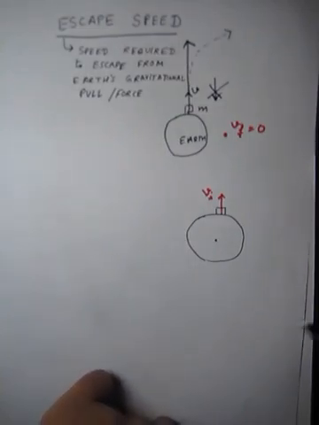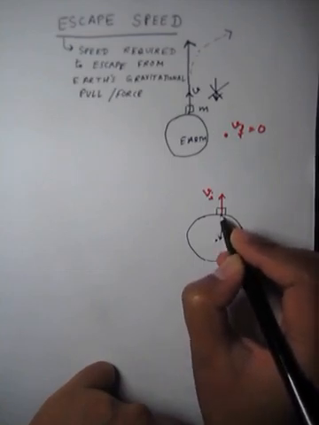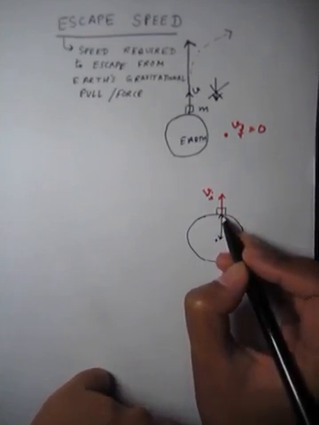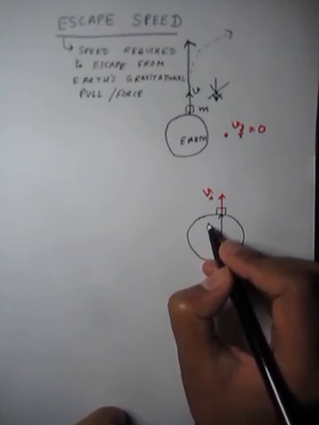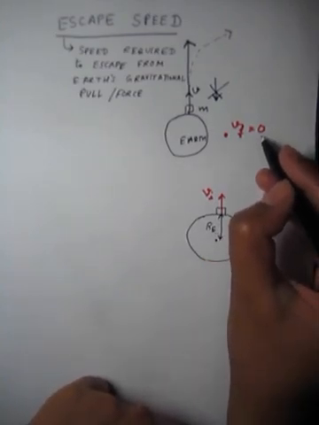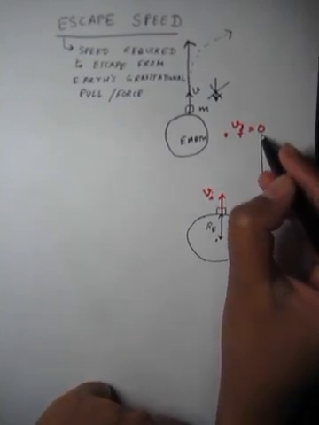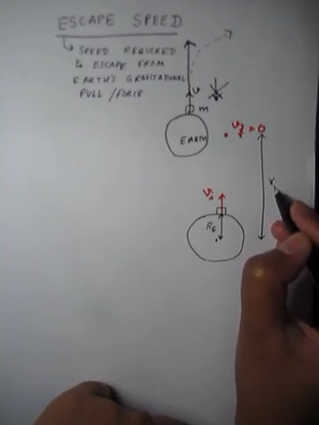Now this distance from the surface of Earth to the center of Earth is the radius of Earth. And the distance of this point from the center of Earth is r maximum.